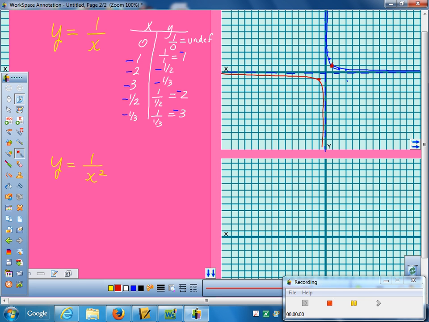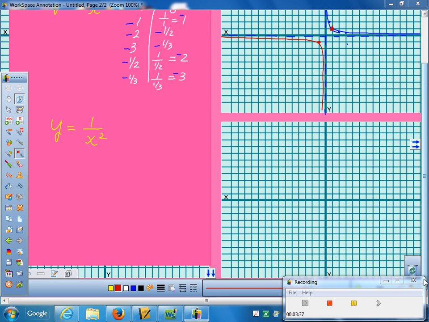Okay. So 1 over x squared is almost the same graph, but with one change. Technically there's a little bit of difference in the points, but those fractions are so small you can hardly tell. Technically, if I put 0 in there, it's still undefined. If I put 1 in there, 1 over 1 squared is still 1.